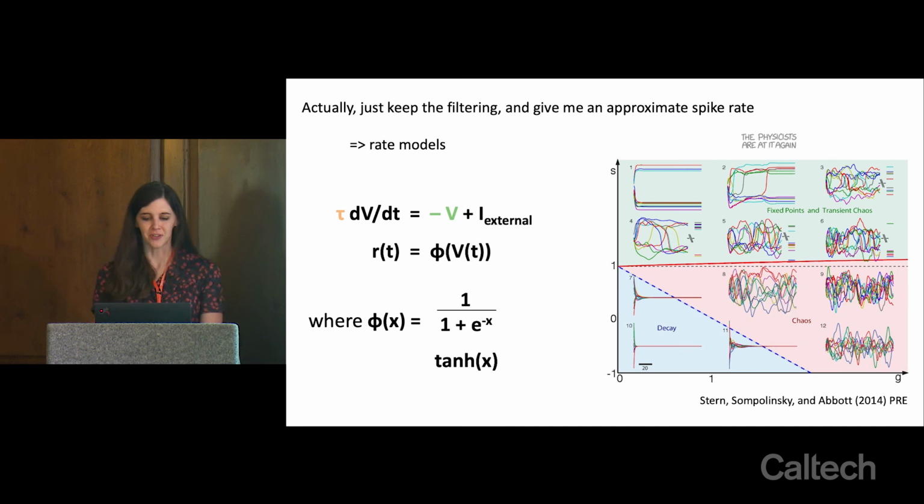So firing rate models are really a physicsy thing, and they can give you very interesting intuitions for how networks of neurons are behaving. This is from a paper by one of my graduate lab mates, looking at if you have a population of cells and you change two parameters of the network connectivity, the strength of the connections and the degree of self-coupling, how the firing rates of cells evolve over time.